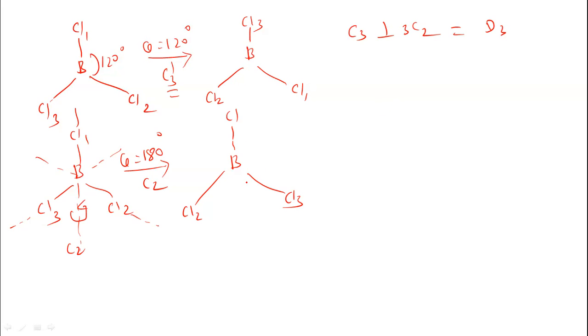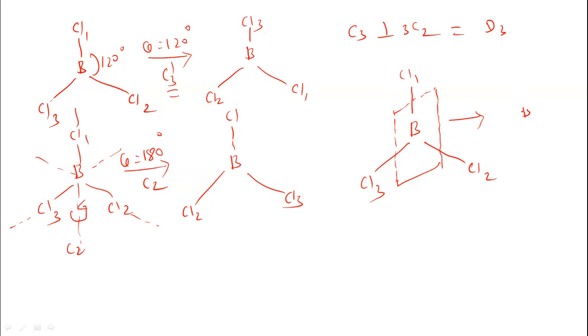Now at the same time, it also has 3 vertical mirror planes. Let us show the 3 vertical mirror planes in the boron trichloride molecule. This is chlorine 1, chlorine 2, chlorine 3. When we pass a vertical plane like this through one boron atom and a chlorine atom, chlorine 3 is the mirror image of chlorine 2.